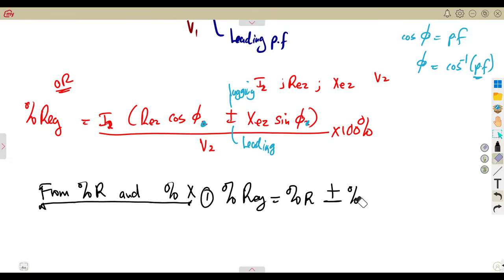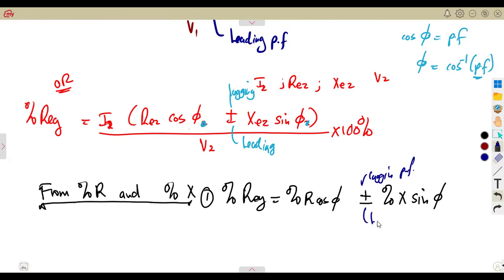Okay, so we've got cos there. Remember resistance, first part with what? Cos. So it's going to be cos of phi plus or minus percentage reactance times sine of phi. So this is what I want you to have, the plus still, guys, for the lagging power factor, and this one for the leading, as it was before.